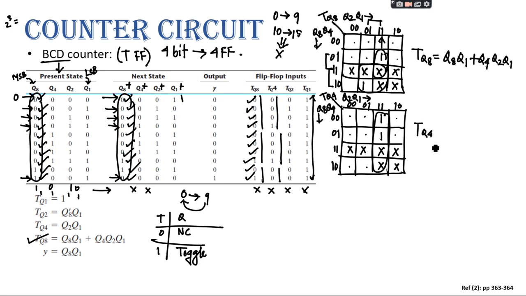So my T4 is Q2, Q1, right? Yes, sir. Now, as you can see, the last one is all the way 1, so it should be 1, right? Yes, sir. So we just need to do the K map for T2.